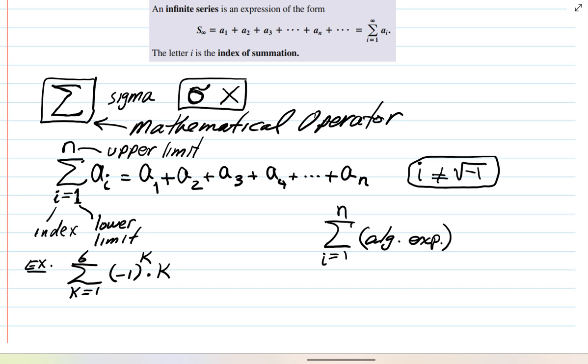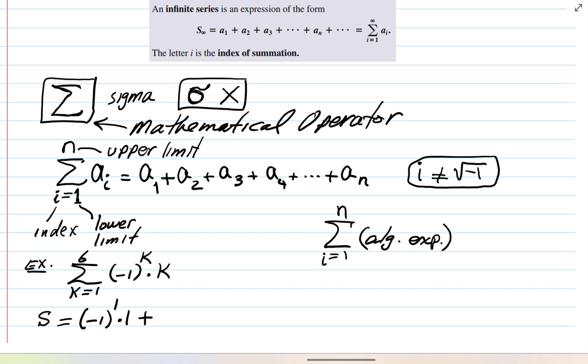Now, how's this going to work out? Well, we start with k equals 1. So S means sum. Remember, the result of sigma is the total, a sum. So we're going to start with k equals 1, that's (-1) to the 1 times 1, and then we add.